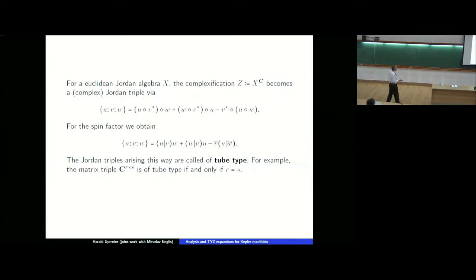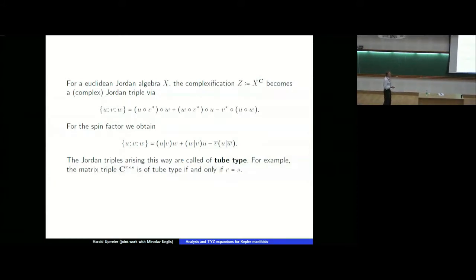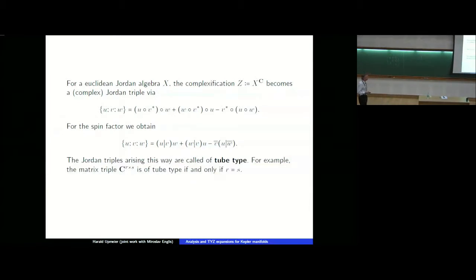Let us finish, namely, every Euclidean Jordan algebra gives rise to a Jordan triple, but not conversely. Namely, the complexification becomes a Jordan triple by such a kind of trilinear thing. Well, we had seen this before in the spin factor. I wrote down in passing the triple product, so it is a little bit like that.